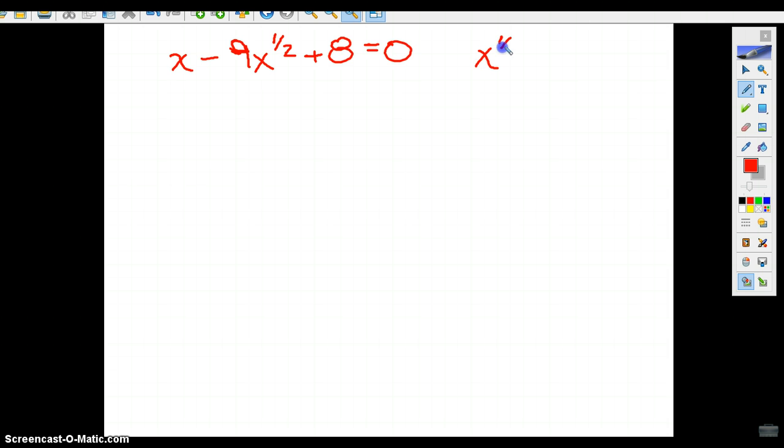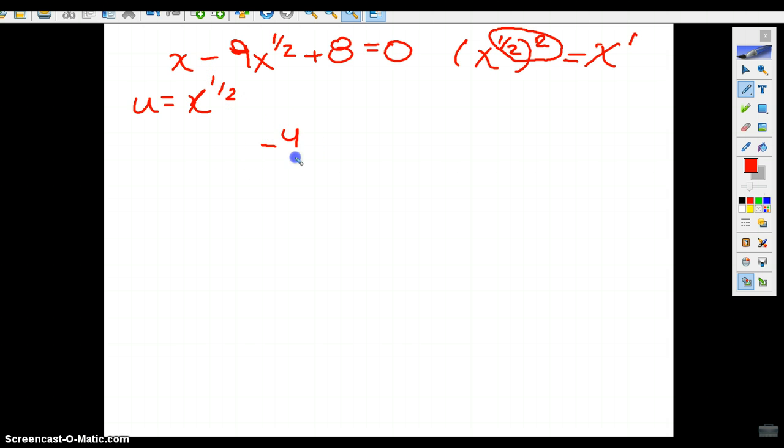Well, let's see, x to the 1/2. If I square that, that means I have to multiply these two together. What's 1/2 times 2? Yep, that's x to the 1st power. So that means I can rewrite it. So I'm going to make u equal to x to the 1/2 power.